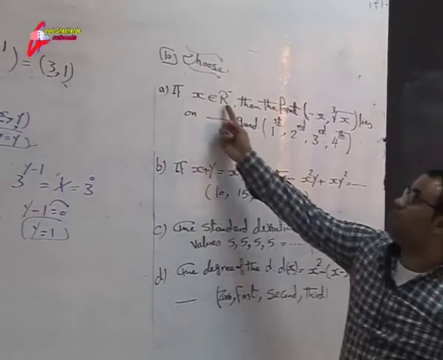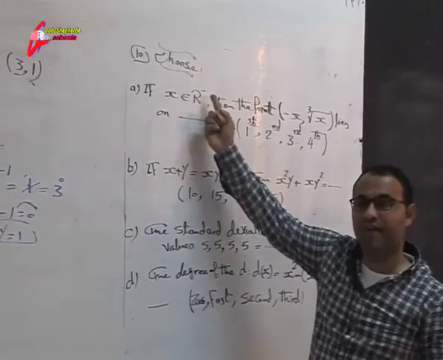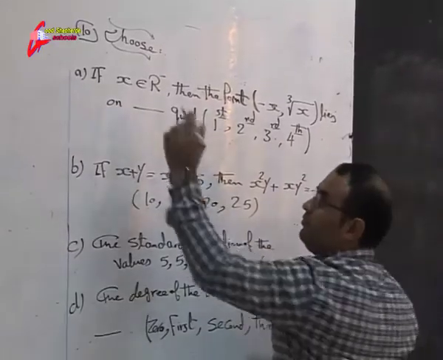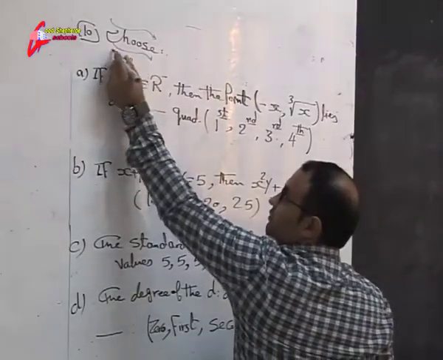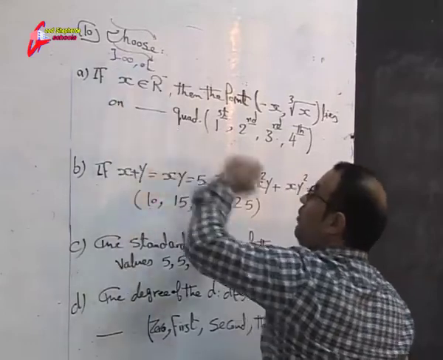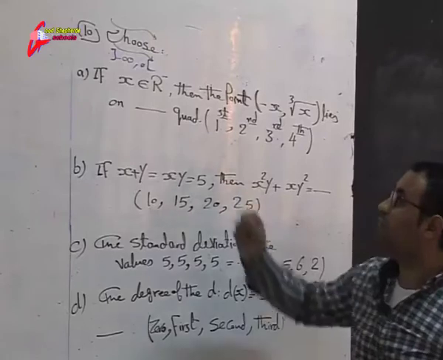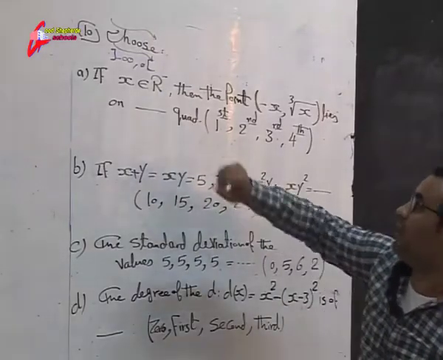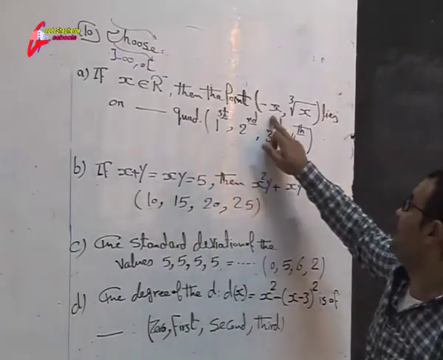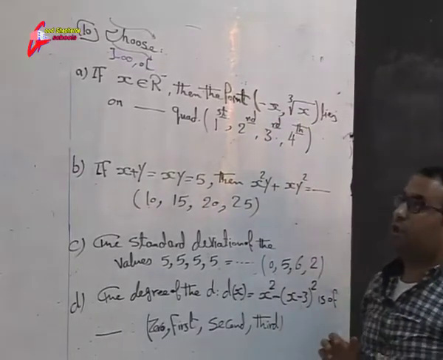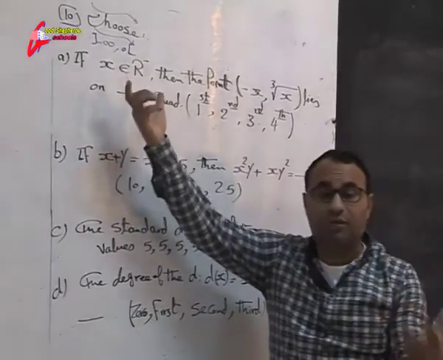If x belongs to R negative, it means from negative infinity to less than 0. This means negative infinity to 0, all of them open. Don't forget, 0 is neither positive nor negative. So x belongs to R negative. Then the point negative x, cube root x. Don't forget you have a negative quantity.